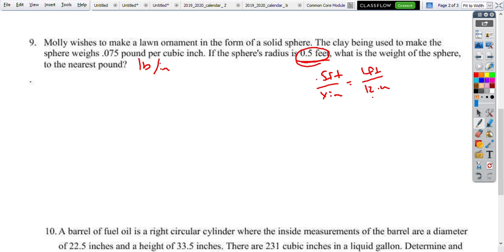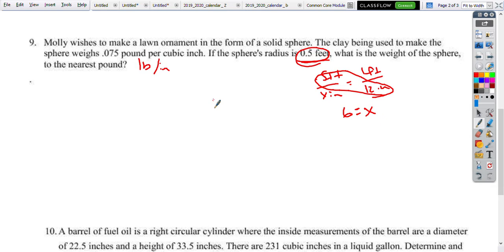So essentially you're just going to cross multiply. 0.5 times 12 is 6, so 6 inches is equal to r. It's not equal to feet, people. Don't put the 1 foot down there. That is never true. It's equal to x. All right, 6 is equal to x. And then you can now do the weight of the sphere.